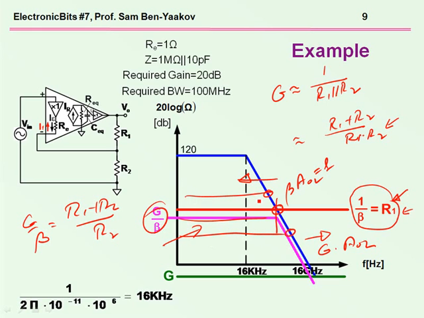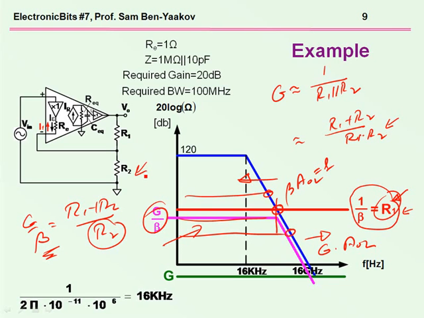Now, once we decide on the bandwidth, we can go back, look at the gain that we want, G over beta, and select R2 to give us the gain. So we have an extra degree of freedom that we determine independently the bandwidth by R1, and then we can set the gain by selecting R2.